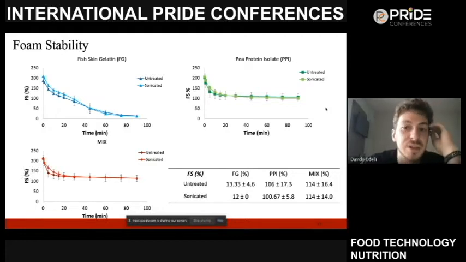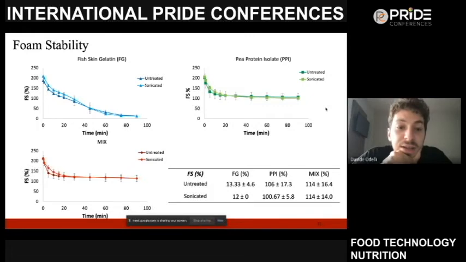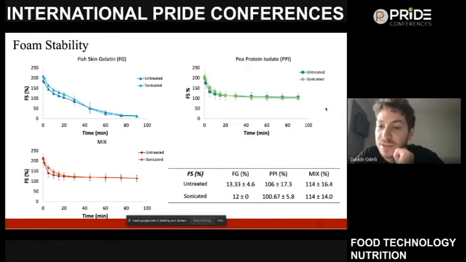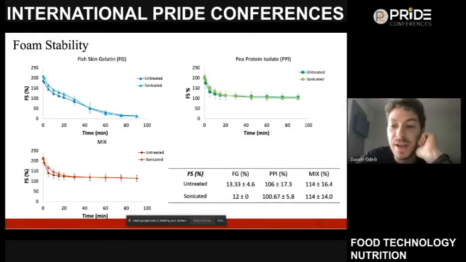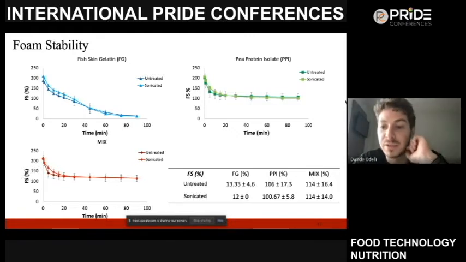And as we can see from these graphs, in particular, the pea protein and the mixed foams presented really high stability over the period considered of 90 minutes, with the mixed values being higher than the rest of the samples.